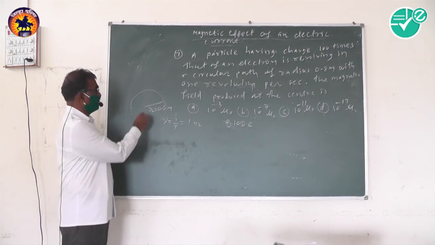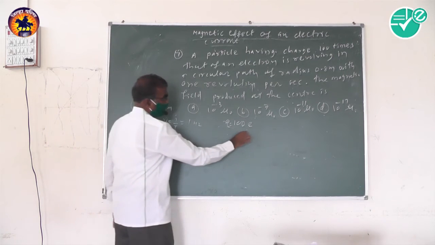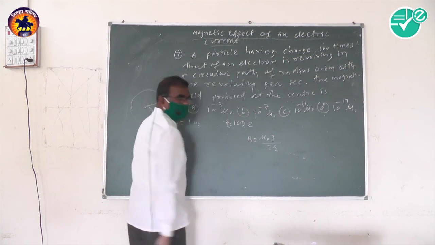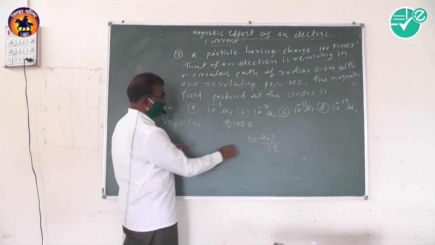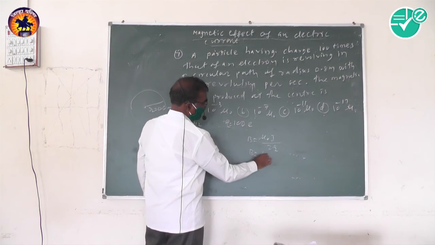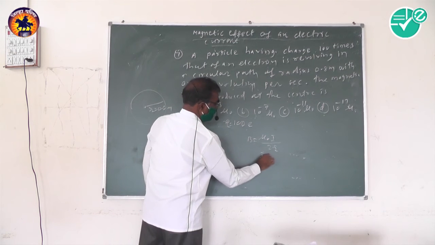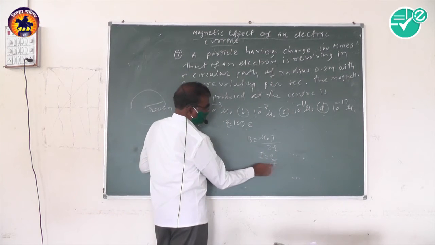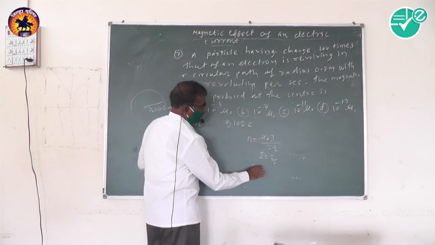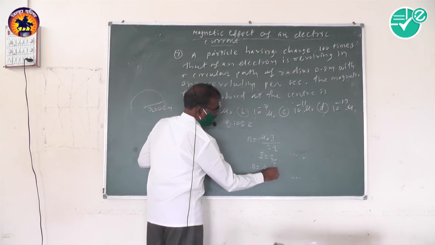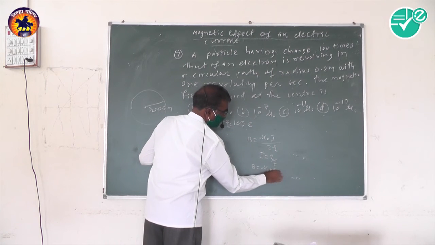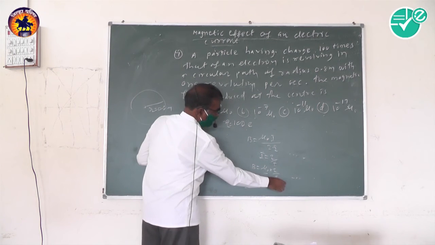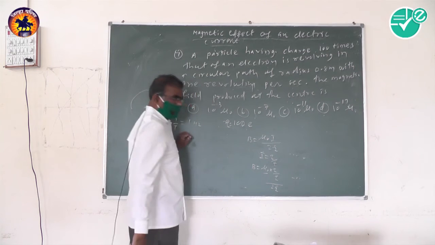The magnetic field produced at the center is, we know, B equal to mu 0 I upon 2R, where I equal to Q by T. That is B equal to mu 0 into Q by T divided by 2R.